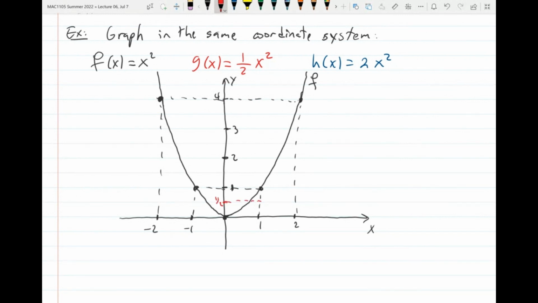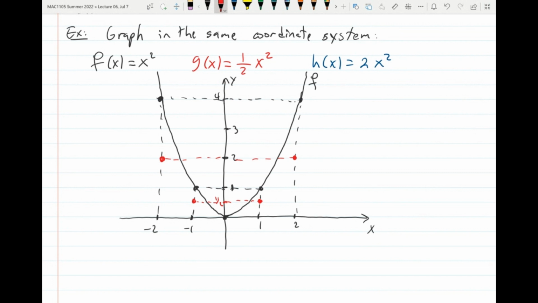1/2. Okay? For example, when x is equal to 2, f has y equals 4. What will be the corresponding y for g? 2, right? So it's going to go here. And then same thing over here.